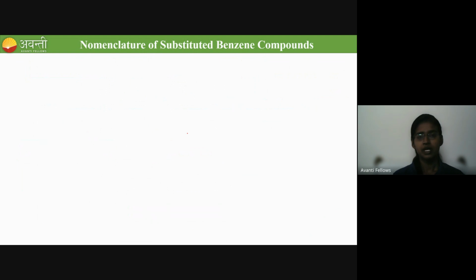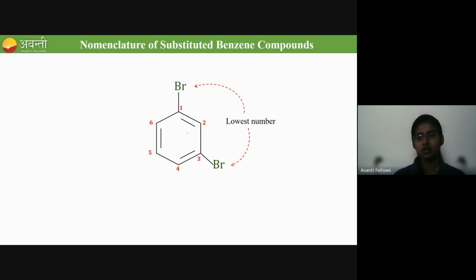So you should know all these things. Then coming to the nomenclature of disubstituted benzene. Here I have two substituents, at 1 and 3, so the two substituents are in the meta position. The lowest numbers you will get when you start from one of the substituents: 1,3-dibromobenzene. Very good.